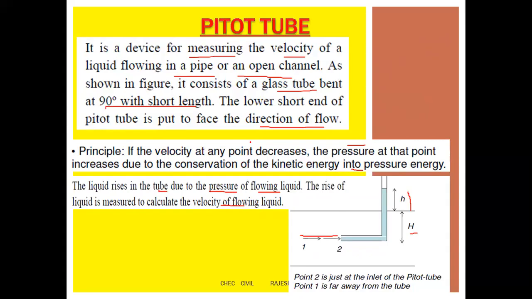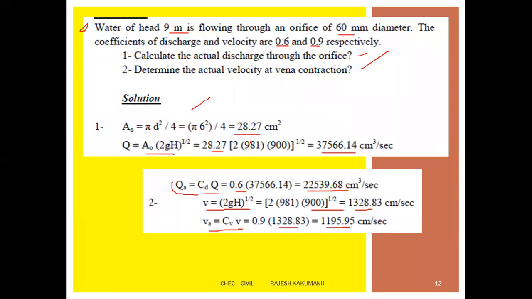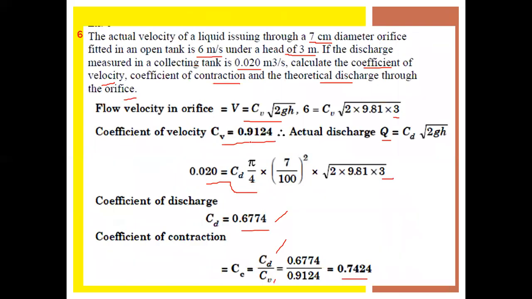That is your flow measuring devices, next one is your nozzles, notches, and weirs. For vias also you have the derivation and the problems. Hope you understood, right? For tomorrow, we'll start the orifice class.